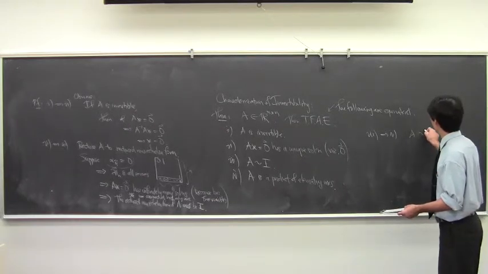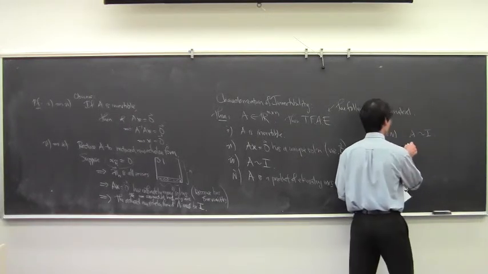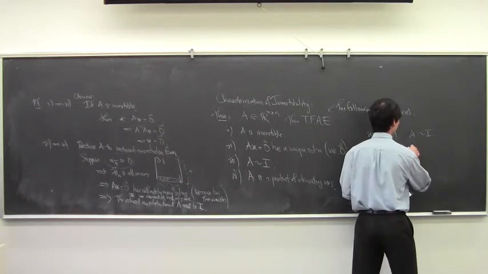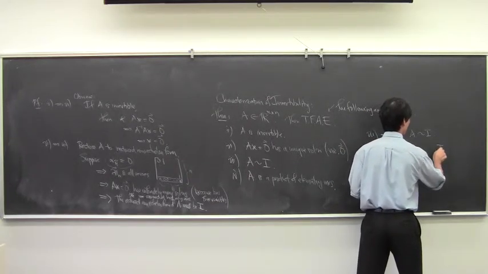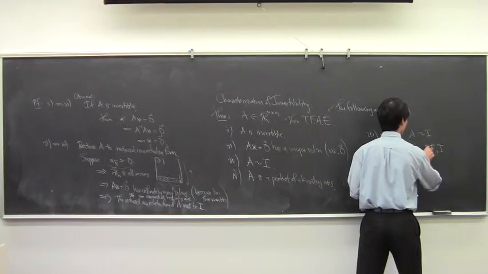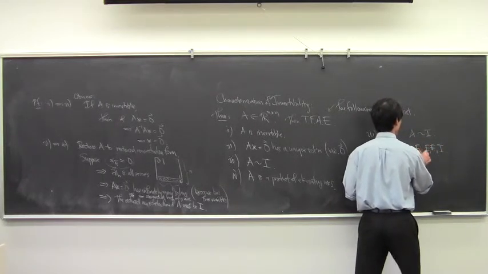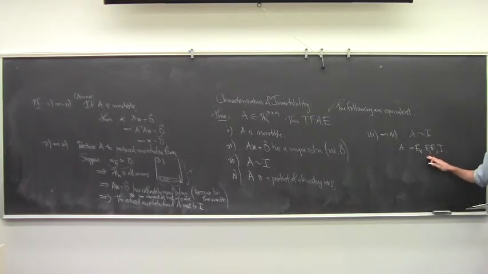To be equivalent to the identity matrix means that you can get to A from the identity matrix via elementary matrices. In other words, A is a product of elementary matrices. So, tautology.